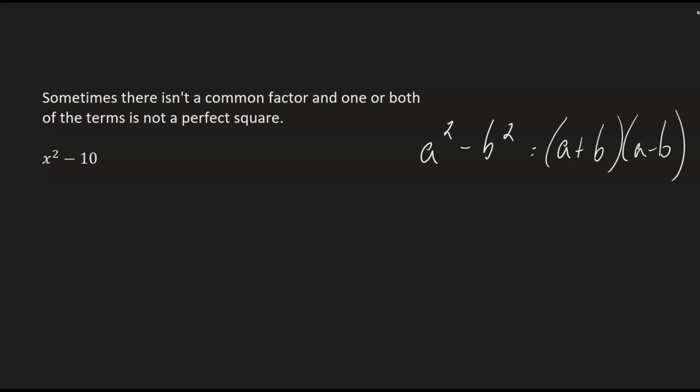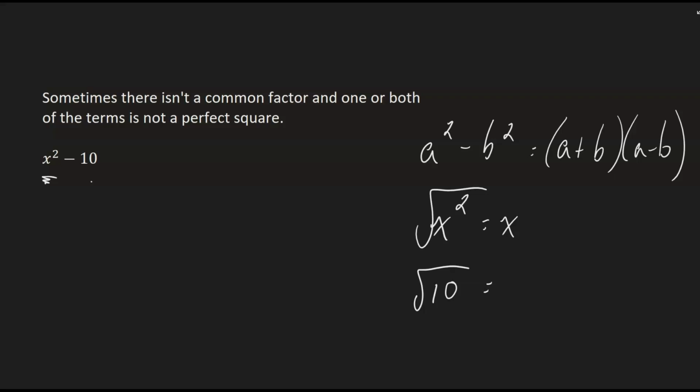So our first term is x squared, and the square root of that is x. Our second term is 10, and the square root of that is, I'm going to need a calculator for that. However, you know that when I square root 10, it will be many decimal places.